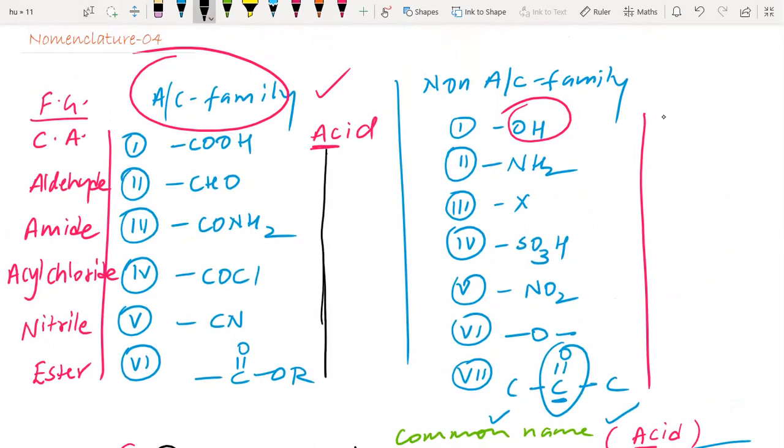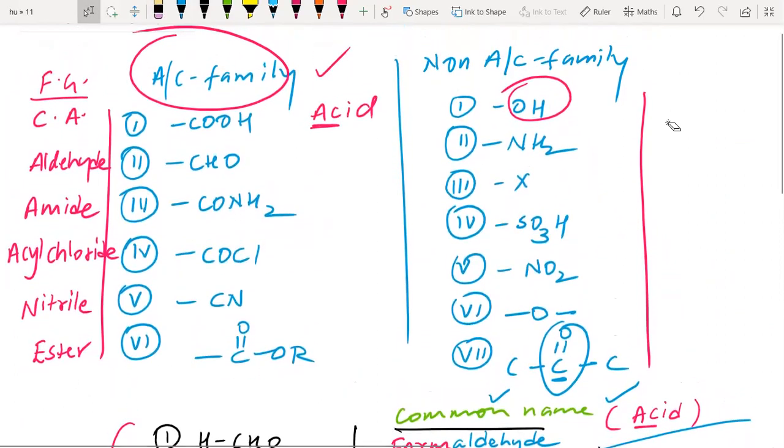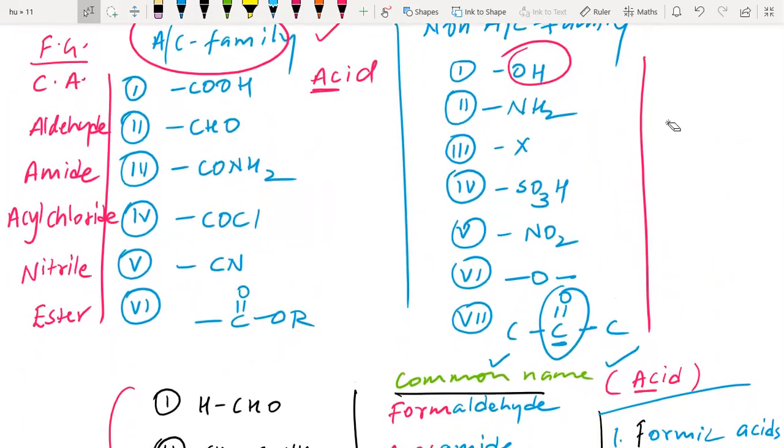In these, there is carbon in the functional group, while in non-AC there is no carbon, even though there is carbon in ketone.